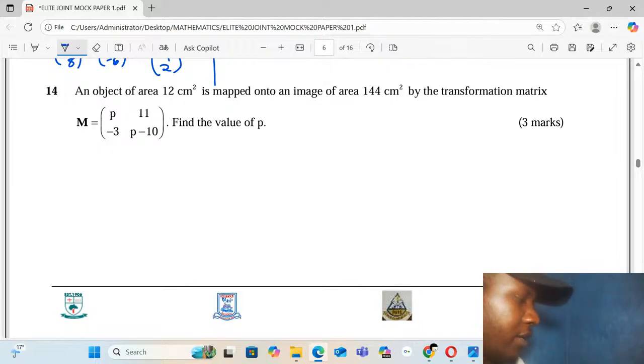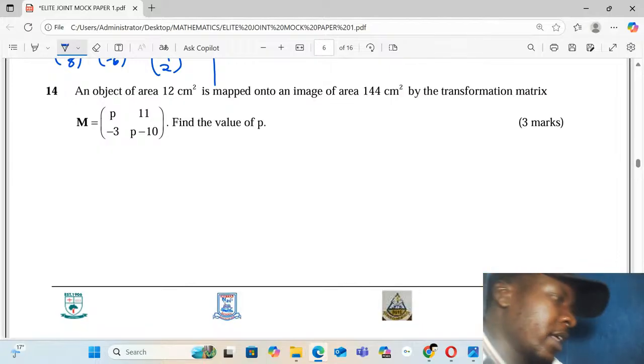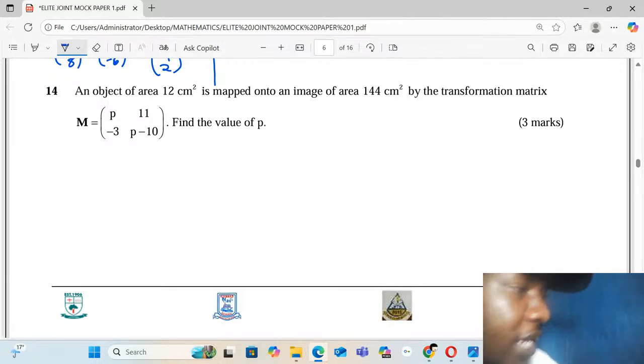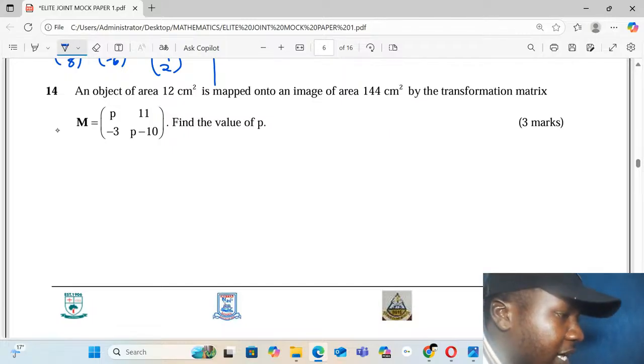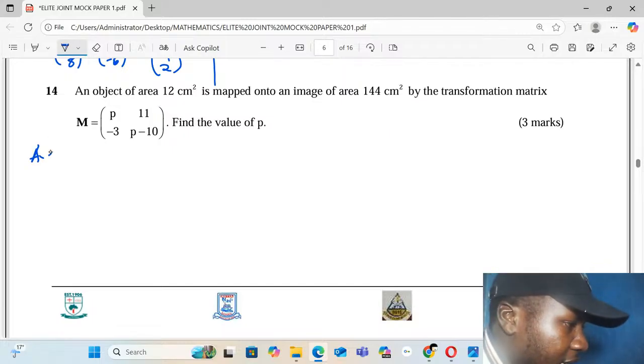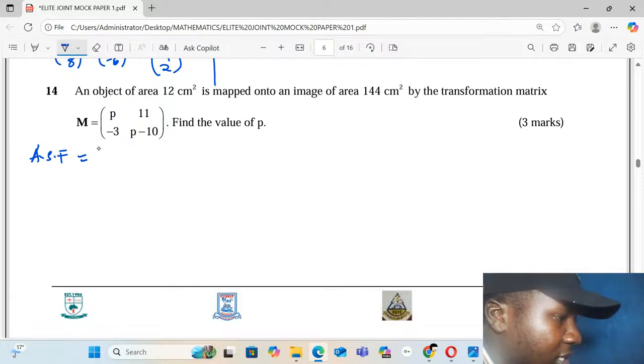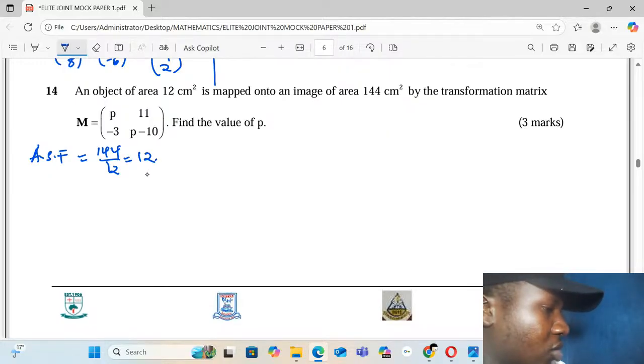Remember now the area scale factor. We have the two areas, so we look for the area scale factor. Which is simple. You take 144 over 12, then you get your area scale factor to be 12.